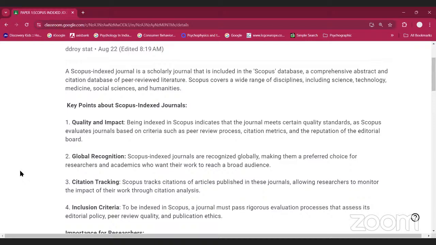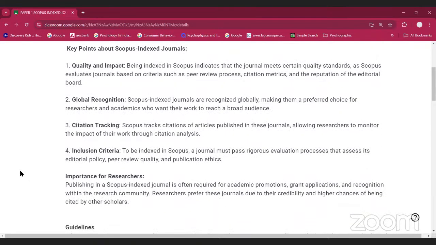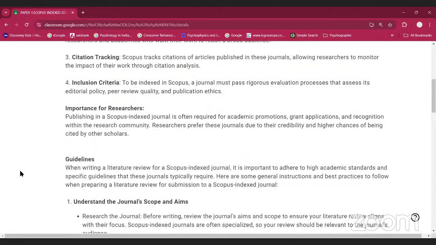To be indexed in Scopus, a journal must pass a rigorous evaluation process that assesses its editorial policy, peer review quality, and publication ethics. Importance for researchers. So now it is clear why we will pay attention to publish the research paper in Scopus Index Journal.